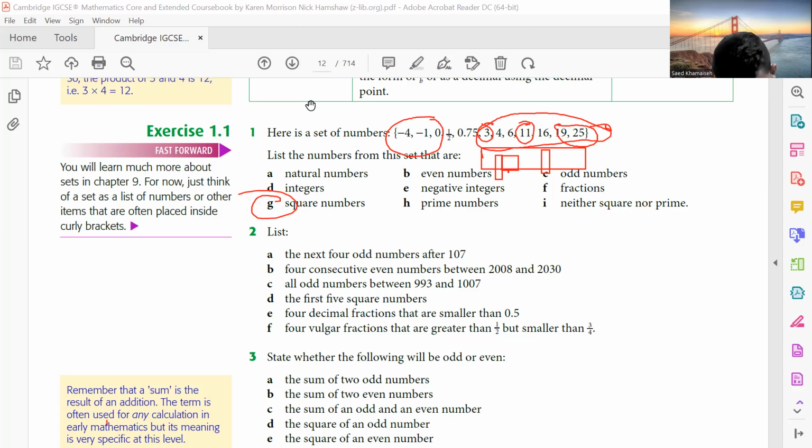Here we talk about the integers. These are negative integers. That's all. Fractions, around 0.175. Square numbers. Let us write it: 4, 16.